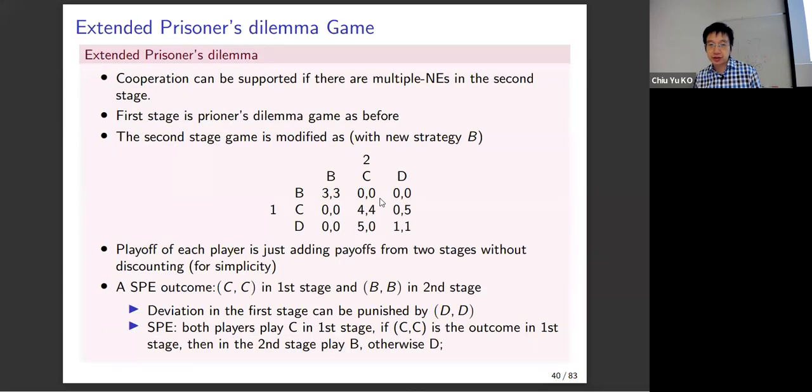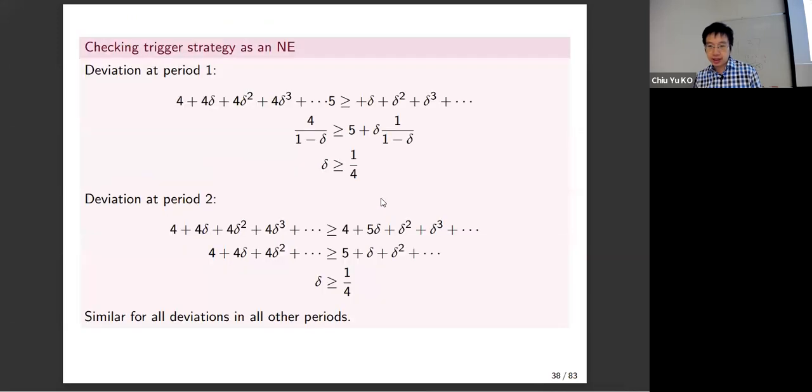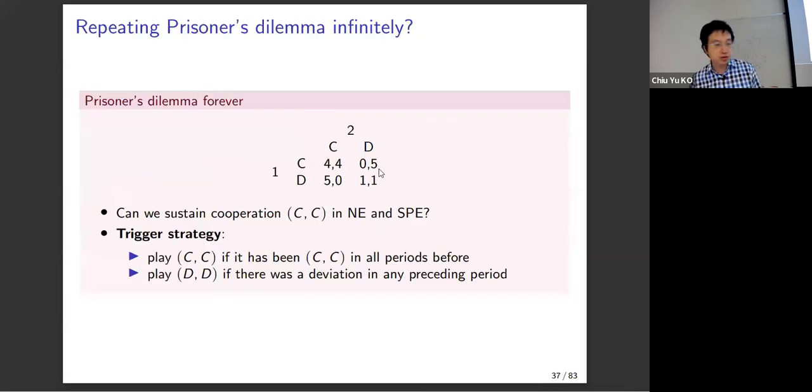Let's continue, okay? And later we will show you there's a generic proof for this, not only true for this game, but in general, whatever game. The idea is as long as people are patient, then you can support any possible outcome.